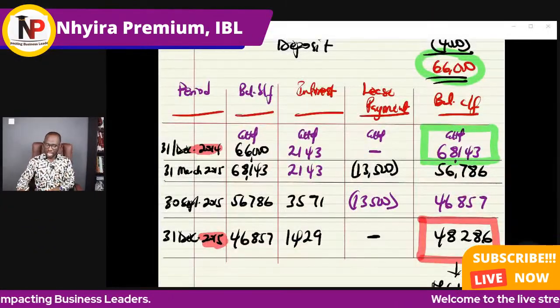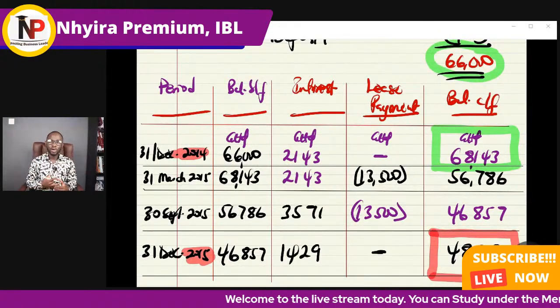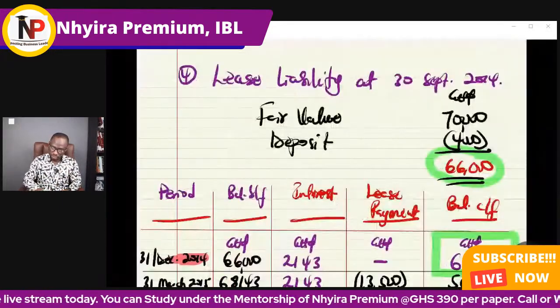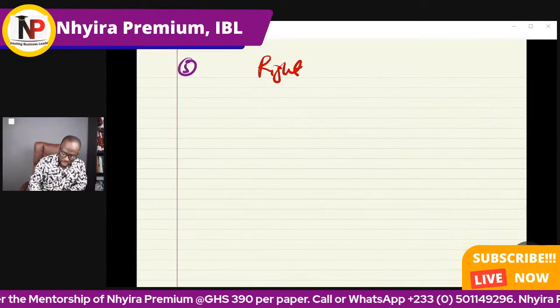So now that we have our lease liability figured out, remember we need to deal with the asset itself and calculate the depreciation on the assets. So we could do workings 5 and deal with the right of use asset.